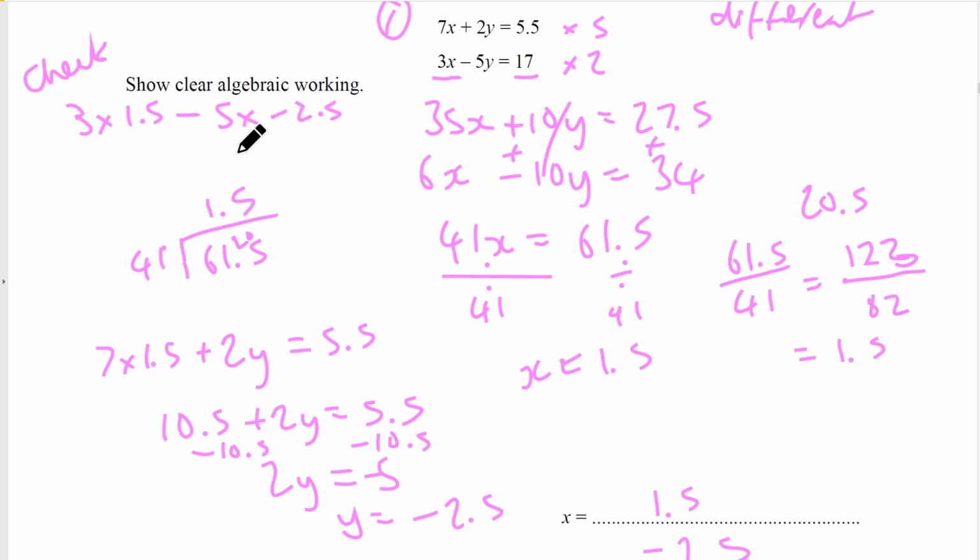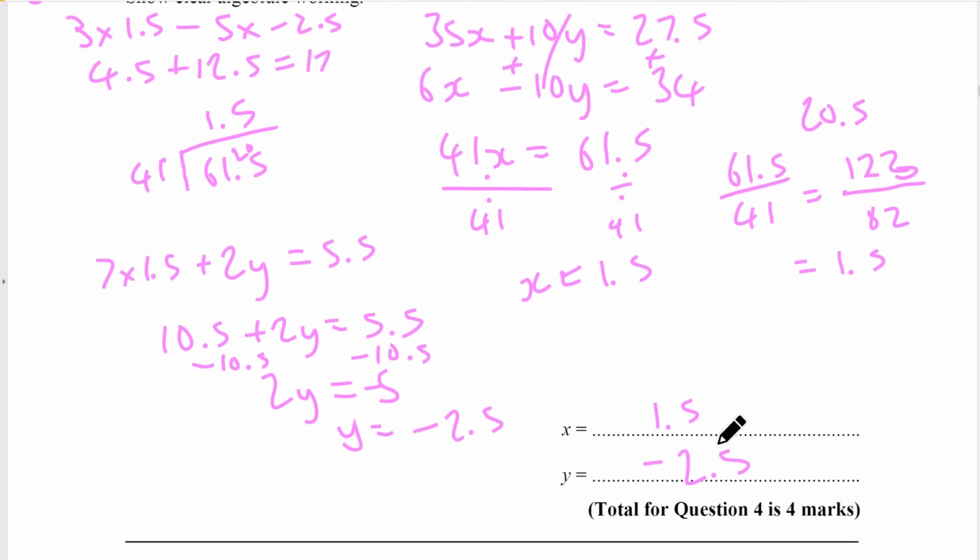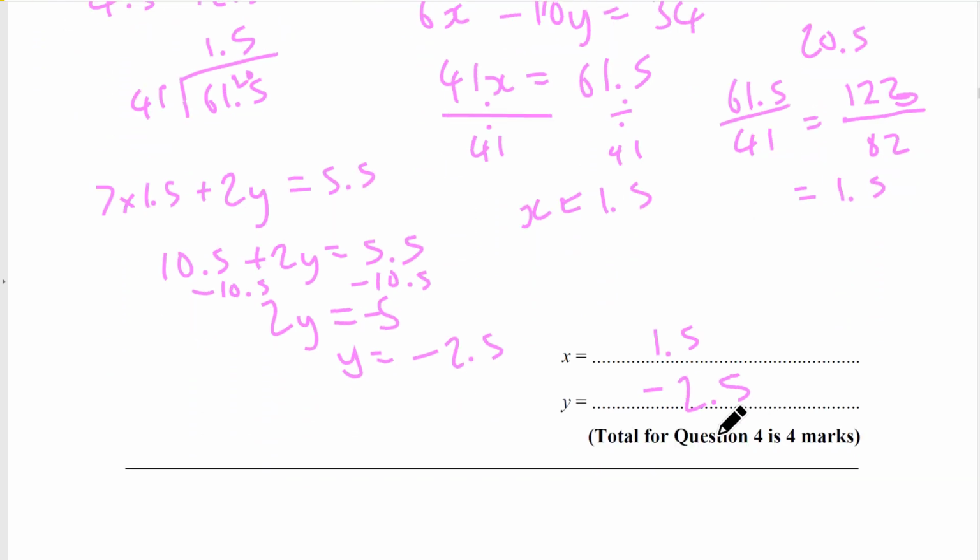Does it equal 17? Okay, that's 4.5. Minus 5 times minus 2.5, that's going to give us plus 12.5. It does equal 17. Our check is correct. Well done. We have 4 out of 4 marks.